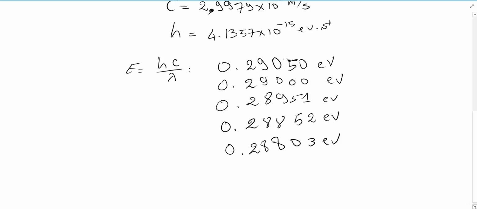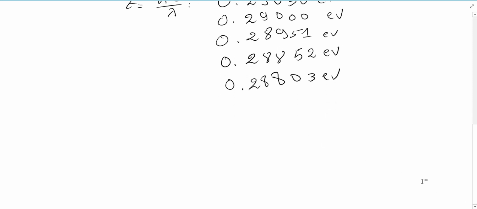So those are the different energies for each and every one of those wavelengths that are missing. So we found the energies to 5 sig figs, so we did that part.